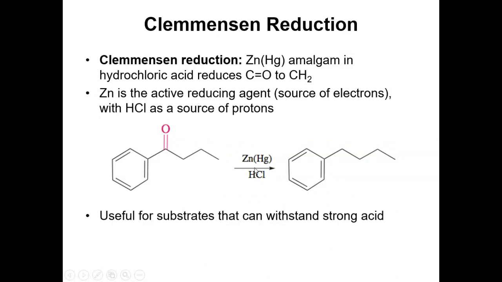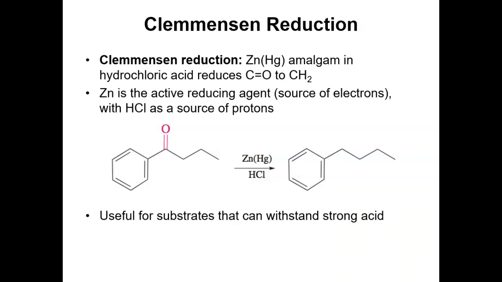In the presence of hydrogen chloride, an acidic environment, the carbonyl group can be reduced to CH2. In this reaction, zinc is the active reducing agent, and HCl serves as a source of protons. Hydrogen gas is not directly involved. This reduction is called the Clemmensen reduction.